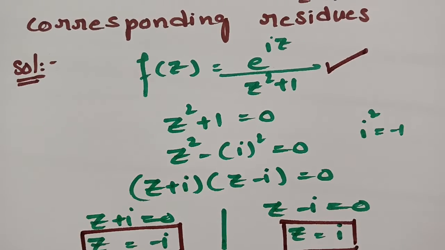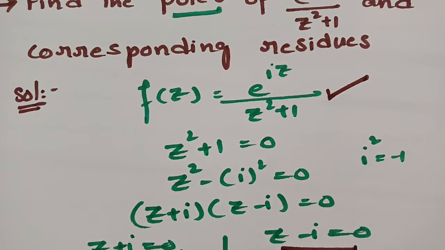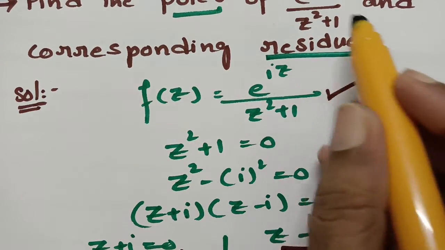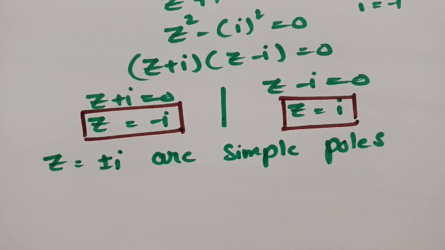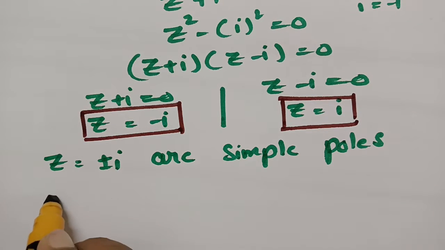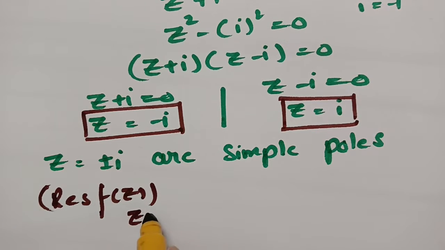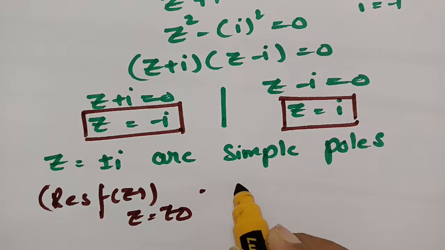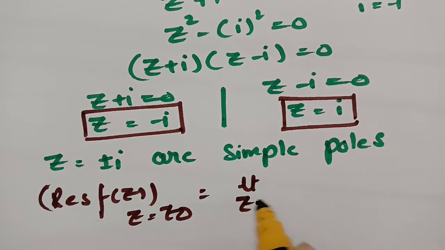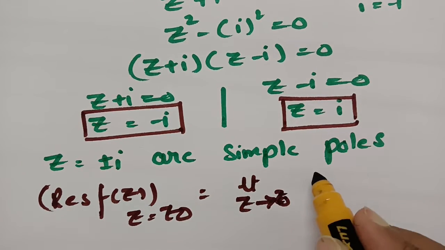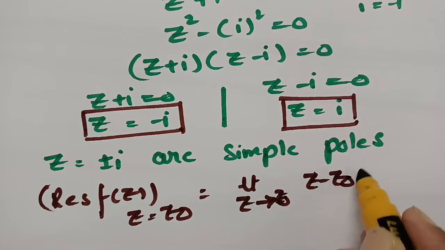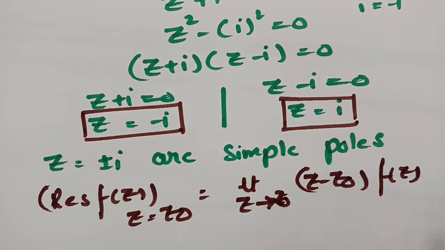Now we have to find the residues for the given function. In order to find the residues, the formula is very simple: the residue of f of z at the point z is equal to z naught is nothing but the limit z tends to z naught of z minus z naught into f of z.